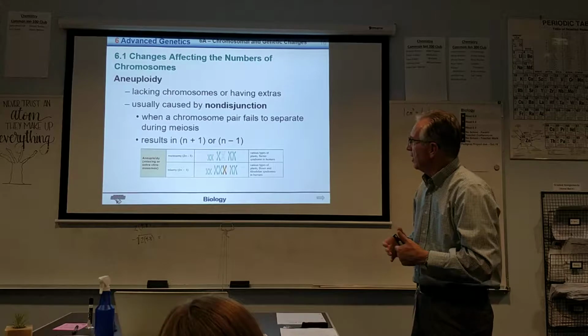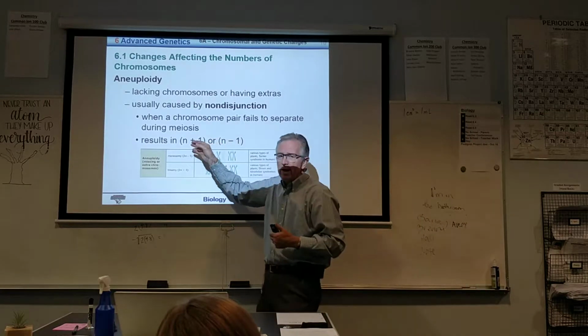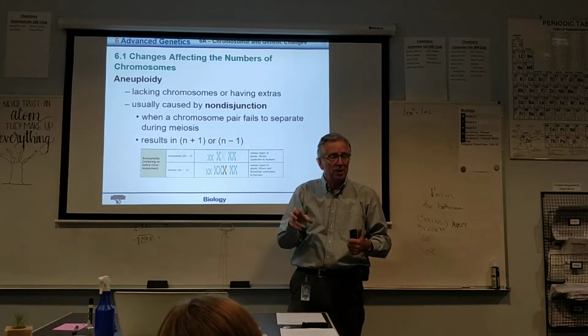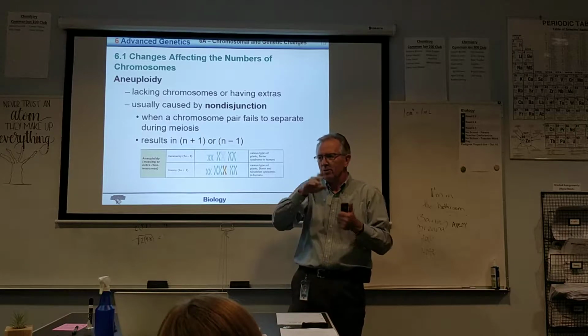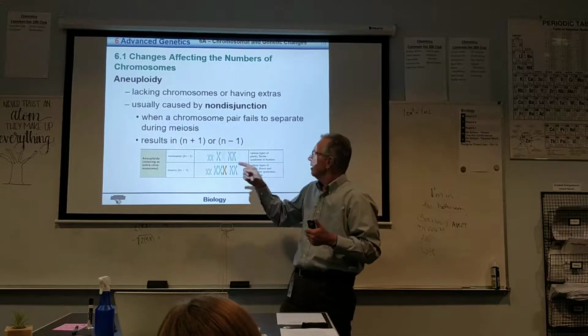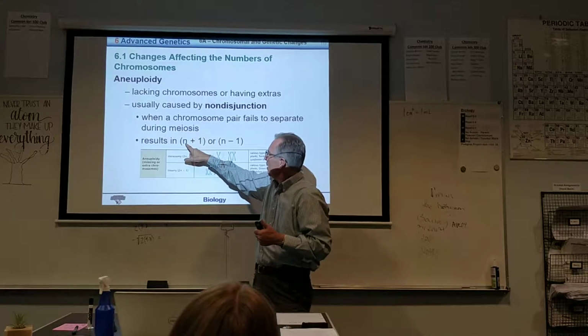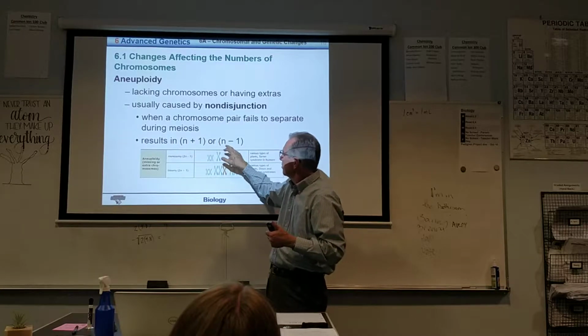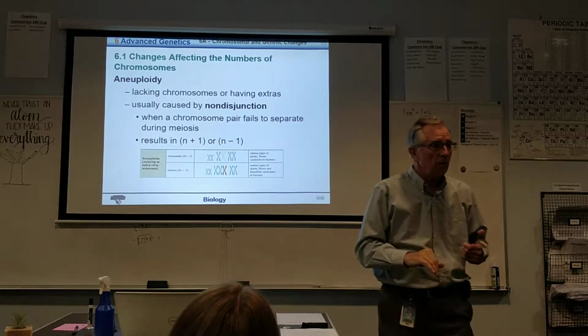Okay? So as I said, we're trying to get haploid in the sex cells. In other words, just one of every pair. But we're getting one with an extra one, and we're also getting one with a shortage of one.